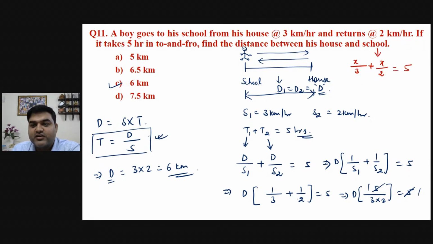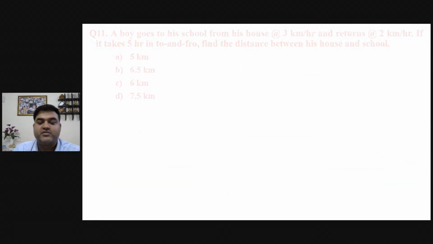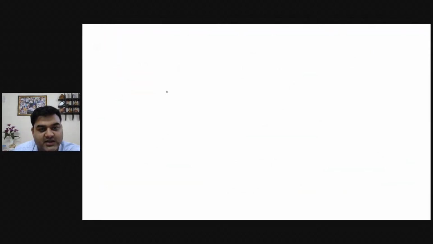So 2x and 3x, that is 5x divided by 6, is equal to 5. So x is 6 as the answer. What will be the unit? Kilometer per hour times hour, so it will be kilometer. So directly also we can get the answer.